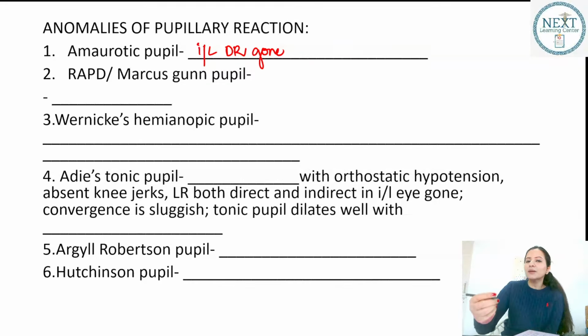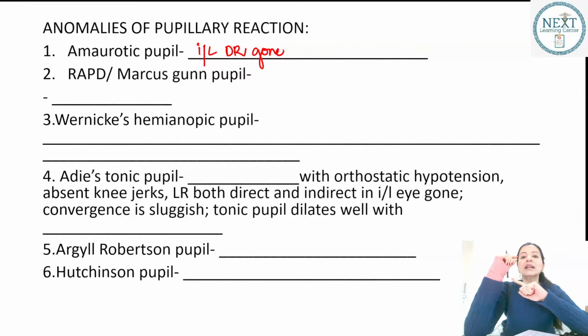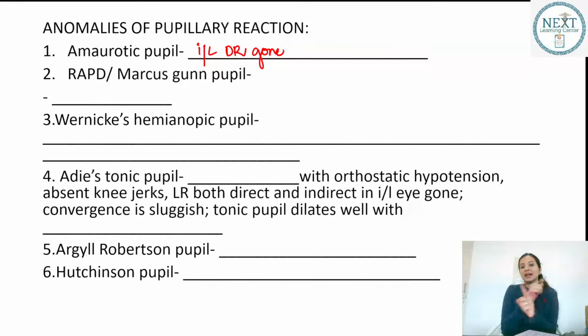Now there are two types of reflex, direct and consensual. Direct reflex is when you are throwing light, suppose in the right eye. The constriction of pupil of this right eye is direct, and simultaneously because of the internuncial fibers that supply the Edinger-Westphal nuclei of both the sides, the other eye, the other side pupil will also constrict.